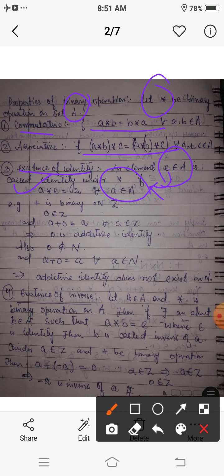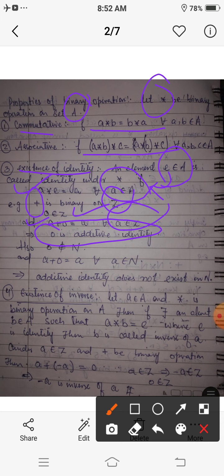Like if we consider Z, the set of integers, and plus is the binary operation, 0 belongs to Z and a plus 0 equals a for all a belonging to Z. So this means that 0 is the additive identity.